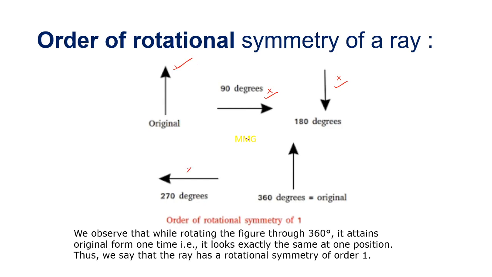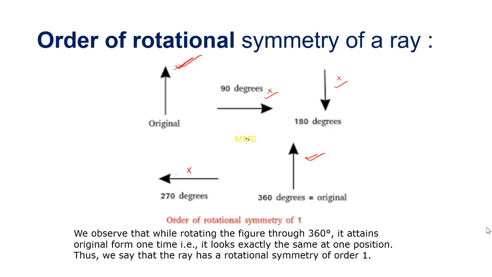When you rotate it by 270 degrees you get this shape, and this shape is not exactly like the original. When you rotate the same shape by 360 degrees, a complete turn, you get the original shape, and this shape and this shape are both the same now.